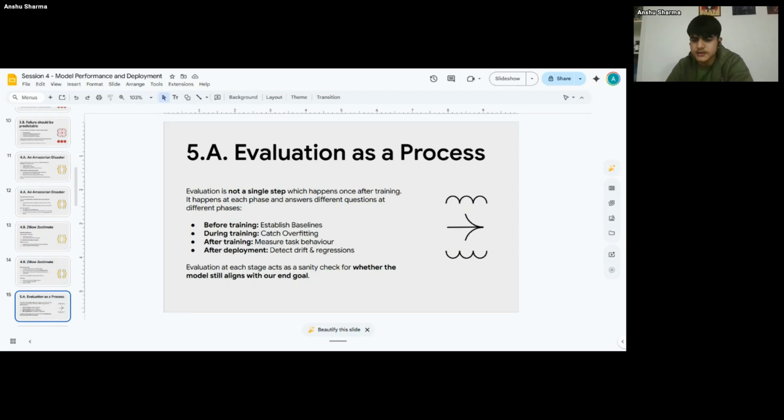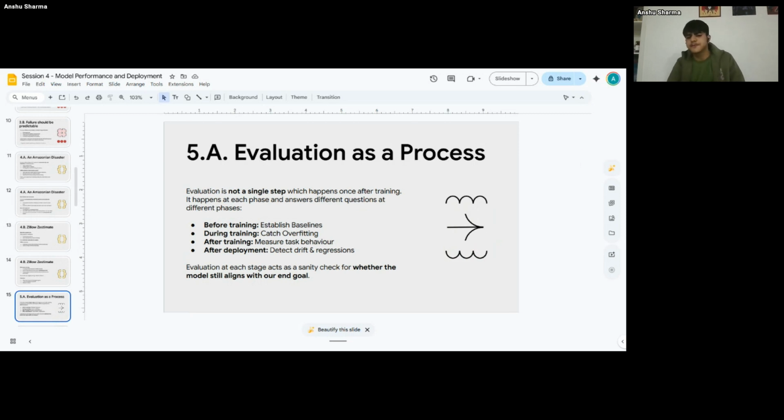So during training, to catch overfitting, that the model is overfitting on the training data, we will do evaluation, right? Using loss. After training, to measure the task behavior, we will also perform evaluation. And even after deployment, we keep performing evaluation, especially in big corporations. It's about constant monitoring and auditing of whatever systems they have built, right?